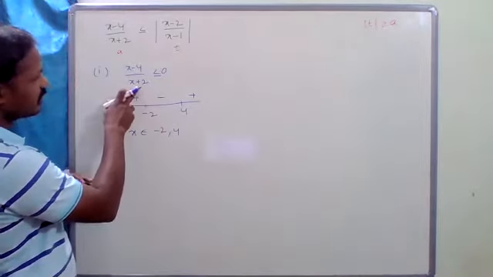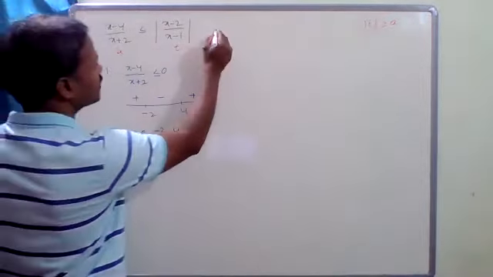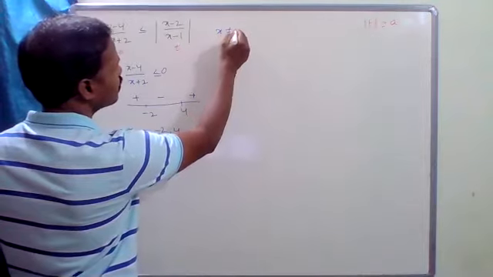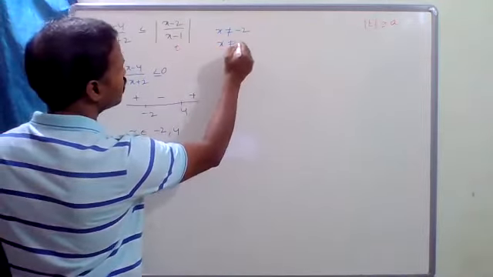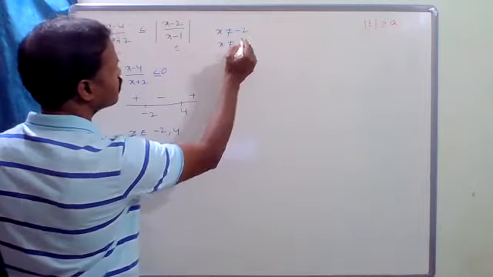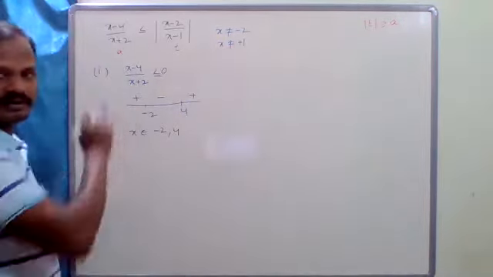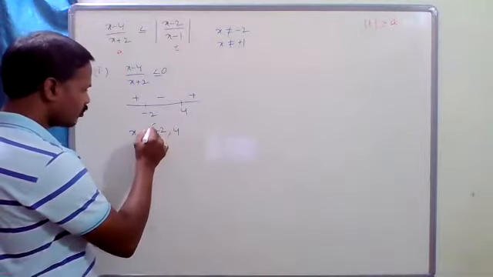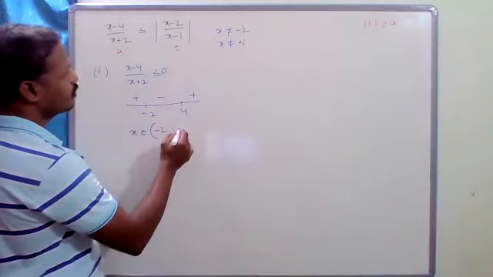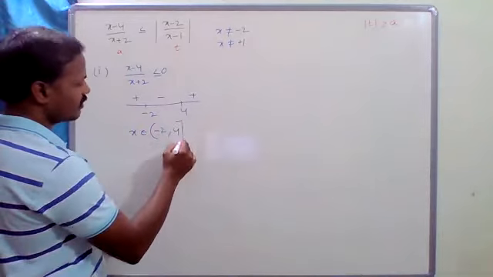But here, in x plus 2, obviously x should not be equal to minus 2, and x should not be equal to 1, because they are in the denominator. So you have to use an open interval at minus 2 and a closed interval at 4.